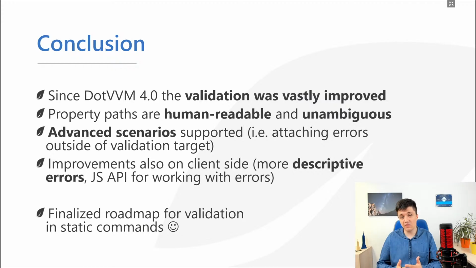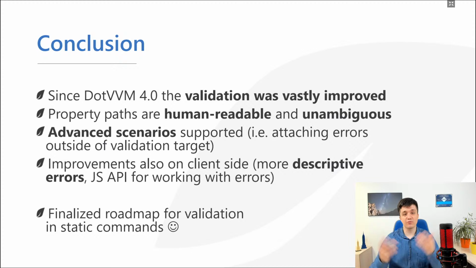Improvements on the client side are another important thing that we did. We are displaying more descriptive errors in the JavaScript console, and we are also introducing a JavaScript API for working with errors that will be coming in the upcoming versions.